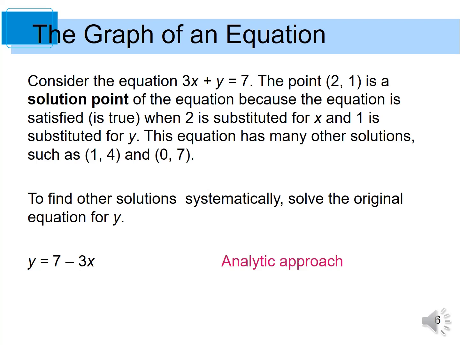Let's say you have one equation, 3x plus y equals 7. We say this point, (2, 1), is a solution point because when we substitute 2 into the x variable and 1 into the y variable, we have 3 times 2, which is 6, plus 1 equals 7.